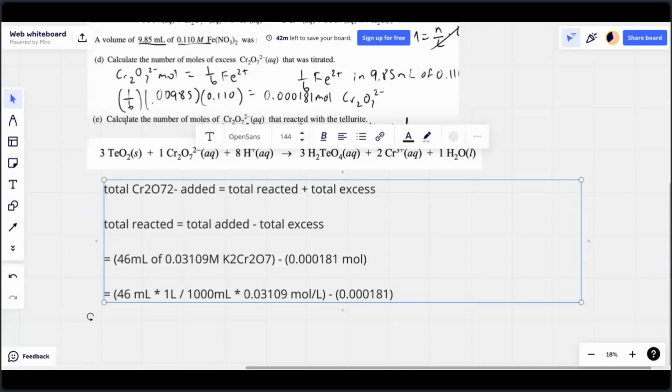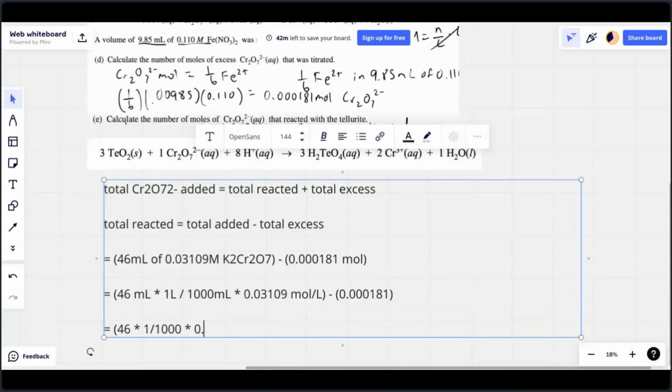Awesome. So next step is just to do the math, right? This is literally plug it into your calculator. 46 times 1 over 1,000 times 0.03109 minus 0.000181. Plug that into a calculator. We get a number that I hope is right. Yes, it is. Whew. Thank goodness.